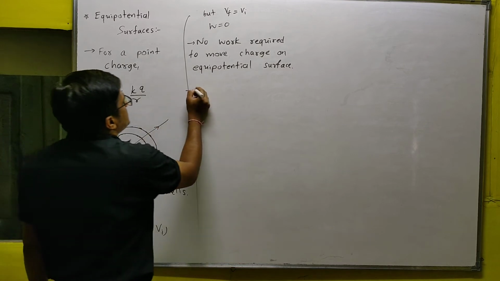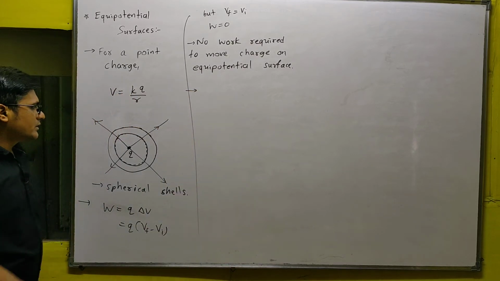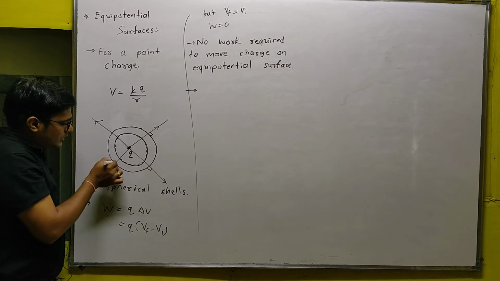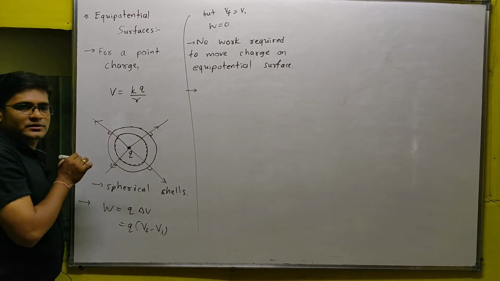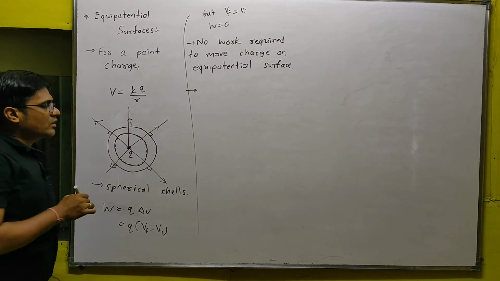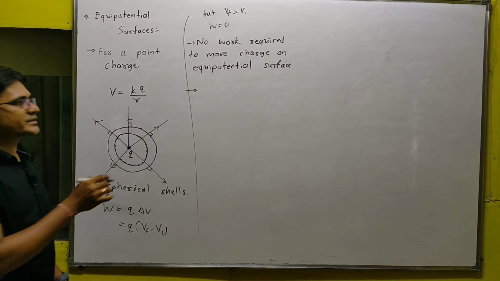And the next important point is that the electric field is always normal to the equipotential surface. You notice that at every point this electric field is normal to this equipotential surface.